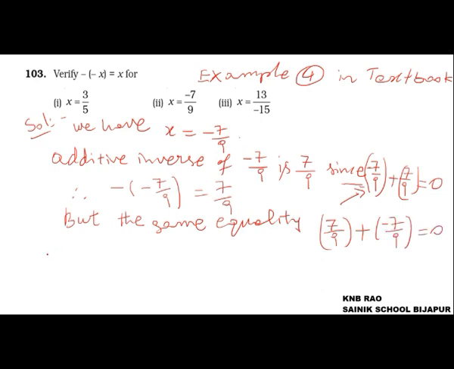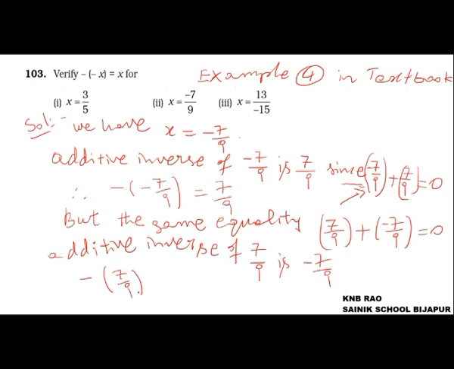That means the additive inverse of 7 by 9 is minus 7 by 9. That means minus of 7 by 9 equals minus 7 by 9.